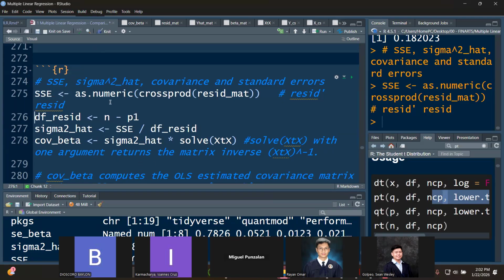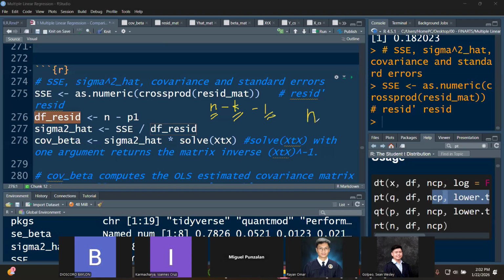Okay. So we also need, class, the degree of freedom. The degree of freedom, class, will be equal to the number of observations minus the number of predictors. In others, they call this n minus k minus 1. So n is the number of observations, k is the number of predictors, minus 1 to include your intercept.